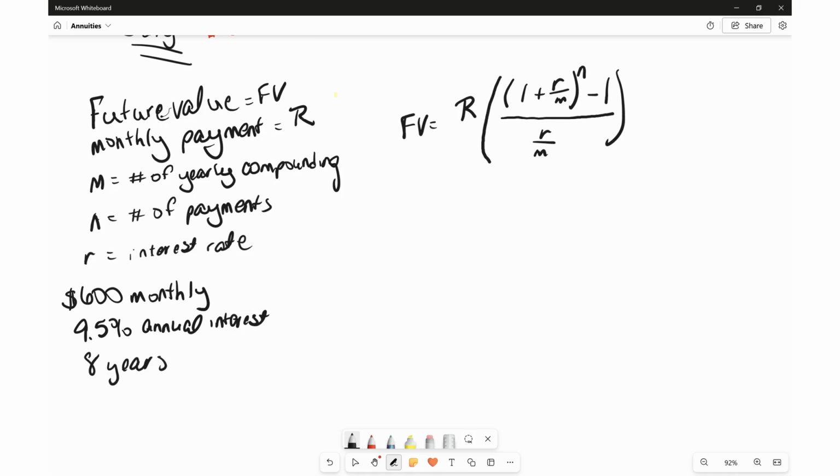So, what is this going to look like as far as our variables here? Well, this is our R. This says that little r is 0.095.